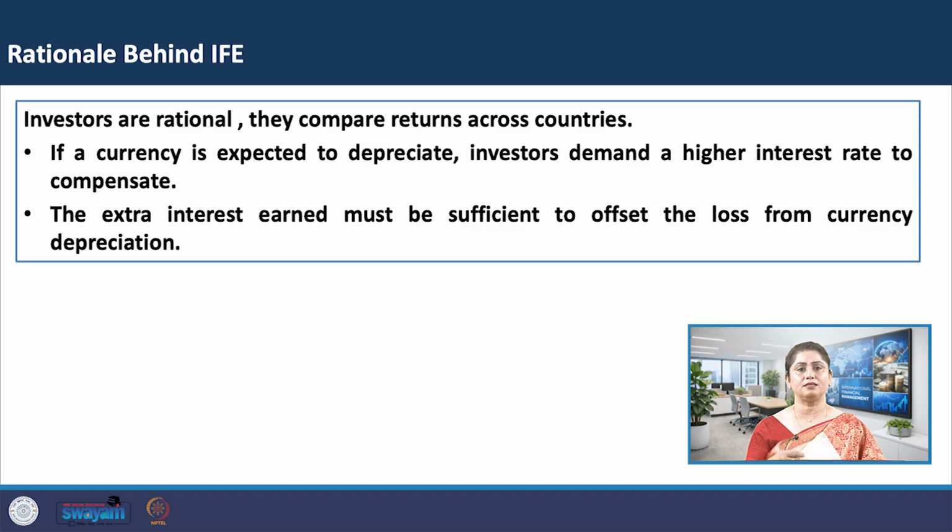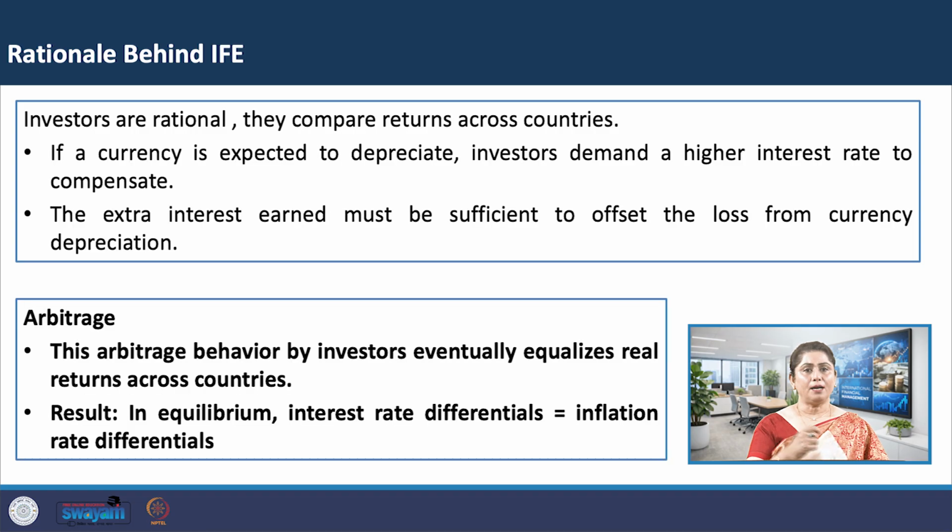loss from currency depreciation. Arbitrage is a force that drives the international Fisher effect. Investors constantly move capital across countries in search of higher returns, but they care about real returns, not just the nominal interest rates.